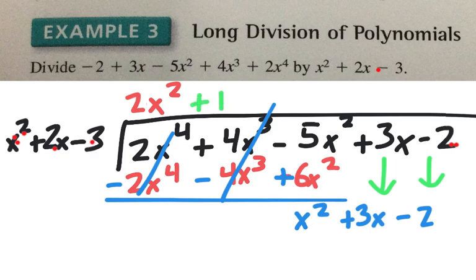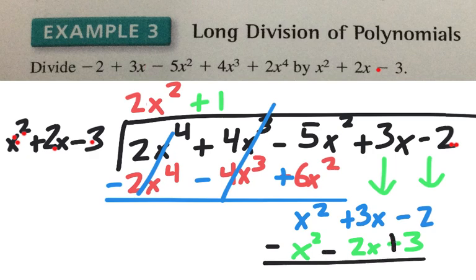So 1 times x squared is x squared. 1 times 2x is 2x. 1 times negative 3 is negative 3. And now we subtract this bottom row, which means I'm changing all of the signs. Okay, so that's going to leave me with x plus 1.